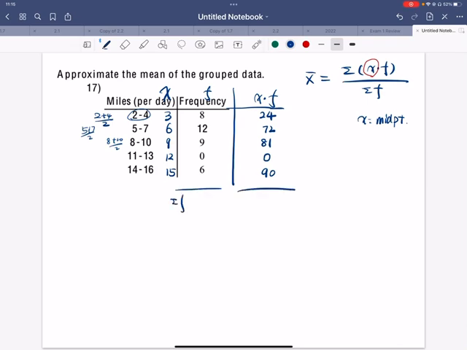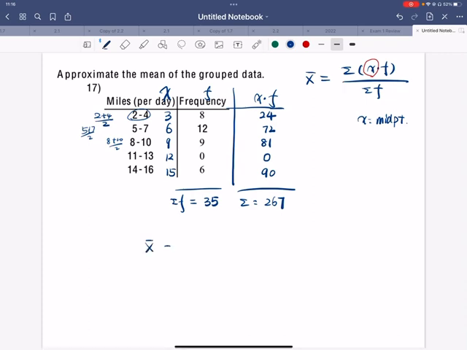We need the sum of the frequency and the sum of X times the frequency. Sum of the frequency is 35. And 24 plus 72 plus 81 plus 90, I have 267 as the sum of the product of F and X.